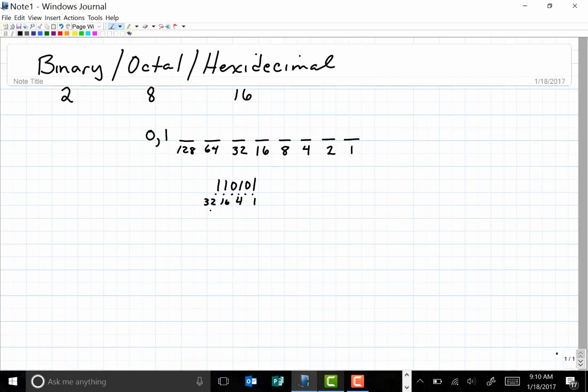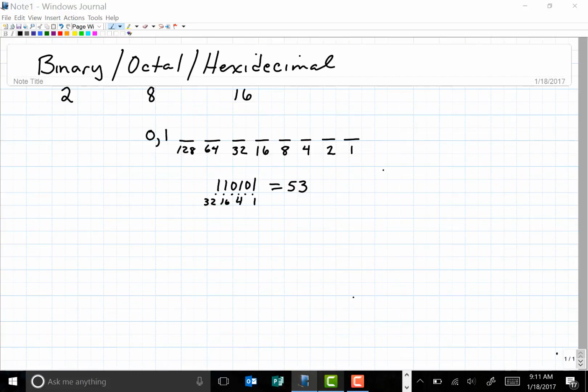I simply write the place values where there's a 1, and I ignore the ones that have a 0. If I add all these up, 32 plus 16 is 48, plus 4 is 52, 53. So this number is 53 in base 10. Again, we simply find the place values and add those up.